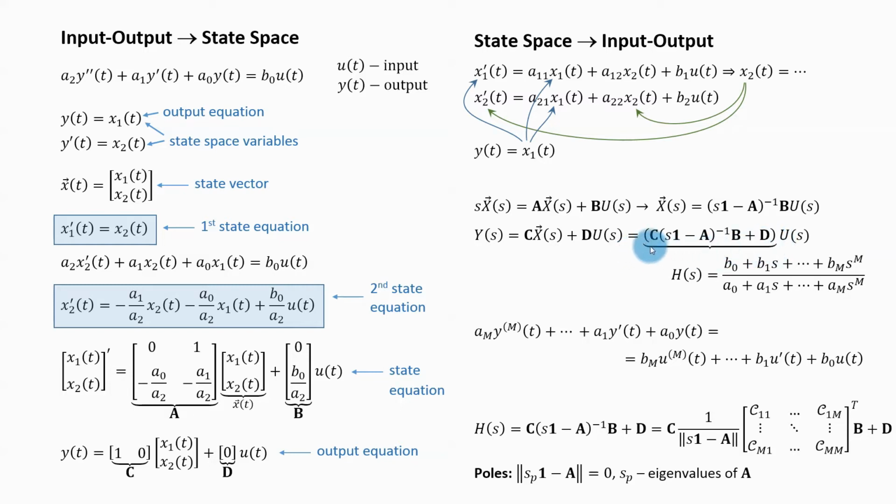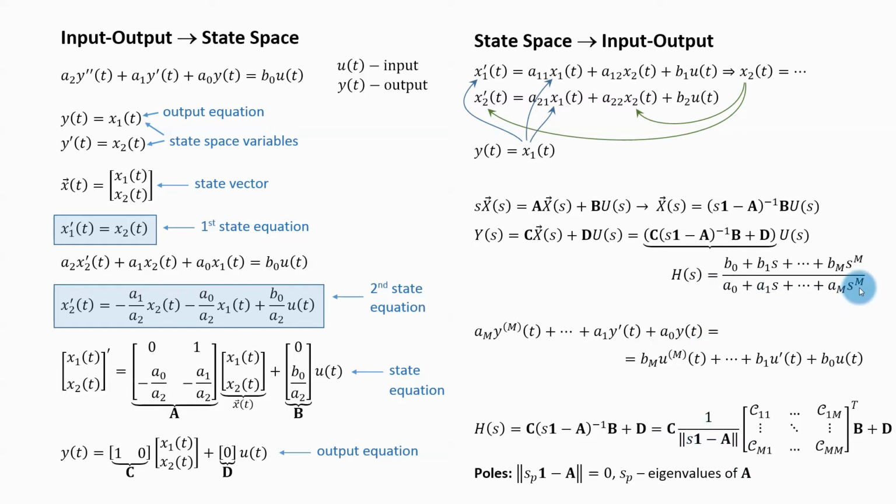In this transfer function, I can express this matrix inverse as 1 over the determinant of this matrix times the matrix of cofactors. Now, these cofactors will have only positive powers of s, so they will contribute only to this polynomial in the numerator. It will be only this determinant that will create this denominator.